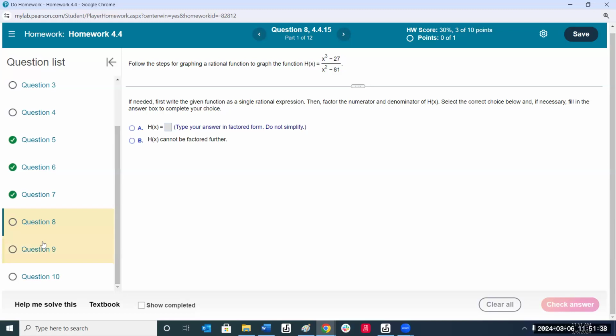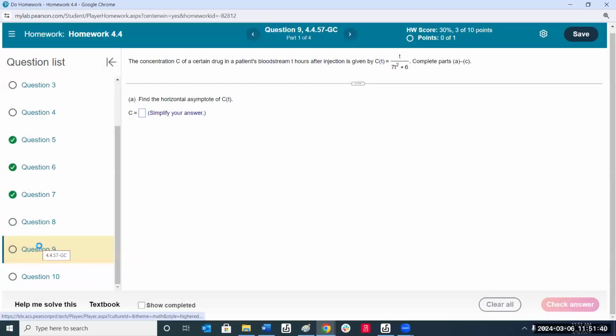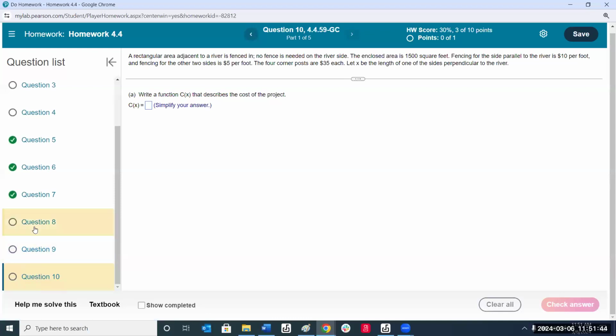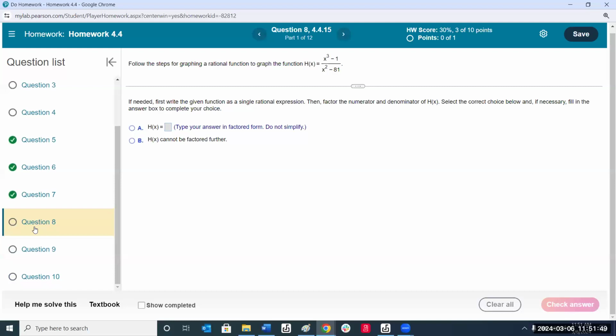How many more did I torture you guys with? Oh, that's the last one. The other ones only have 4 or 5 steps. Okay, let's look at this one. Number 8.